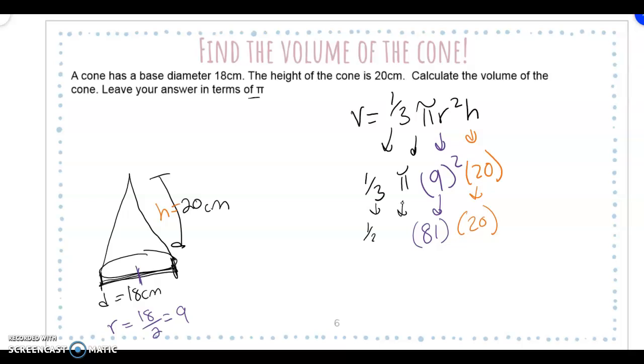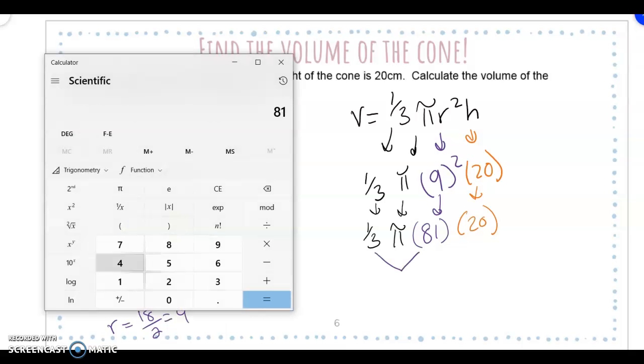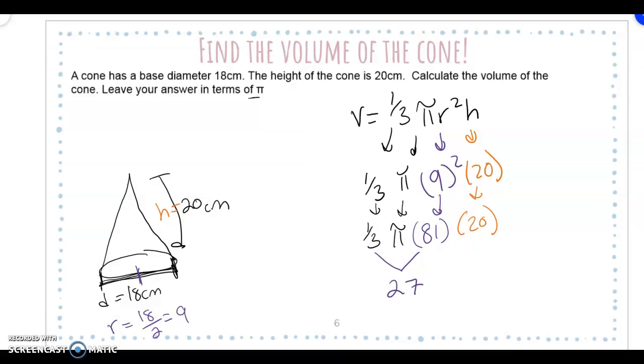So let's see, can 1/3 go into either 81 or 20? It actually goes into 81. If I take 81 and multiply it by 1/3, we're going to get 27. So I can combine this step here, multiply 27 by 20, and then multiply it by 3.14, which is pi.